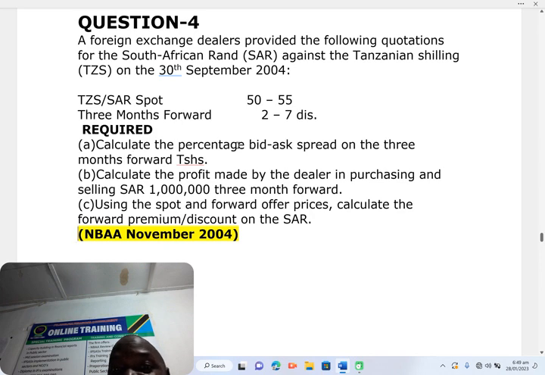So calculate the percentage bid-ask spread on the 3 months forward. You know, problems are coming here. Compute the percentage bid-ask spread on 3 months forward Tanzanian shillings.